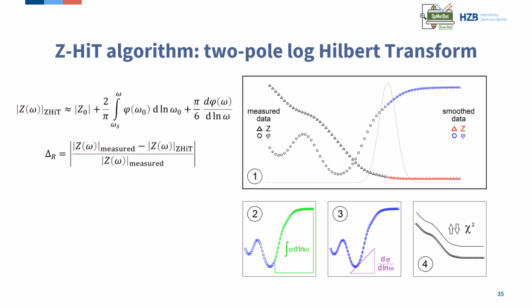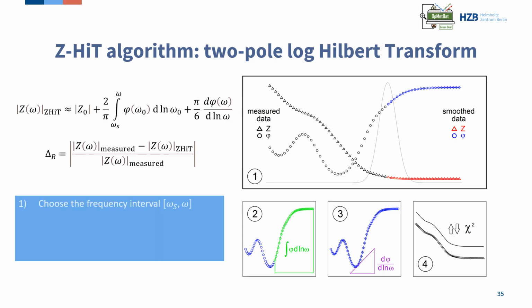Here is a more detailed explanation of the two-pole Hilbert transform. The first step is to define the frequency range of the impedance for the integral. The second step is to integrate the phase angle with respect to the natural logarithm of the frequency along the stated frequency range.